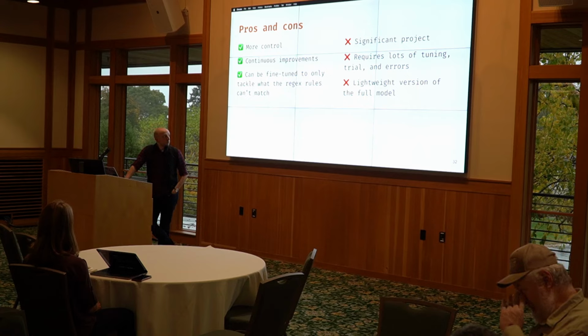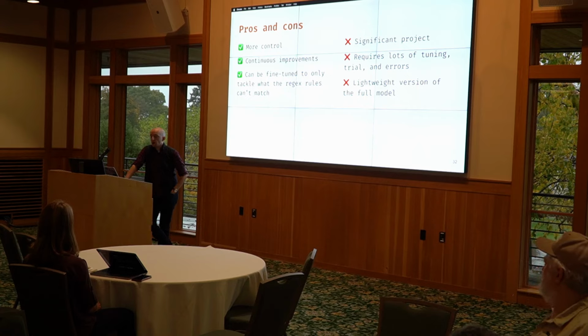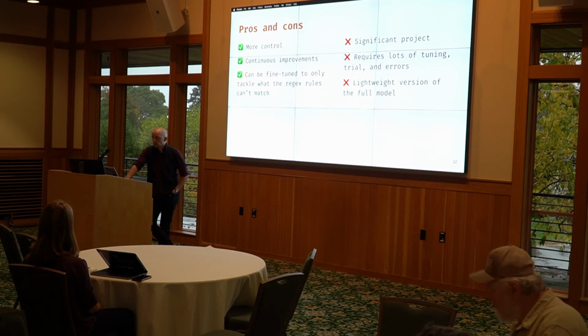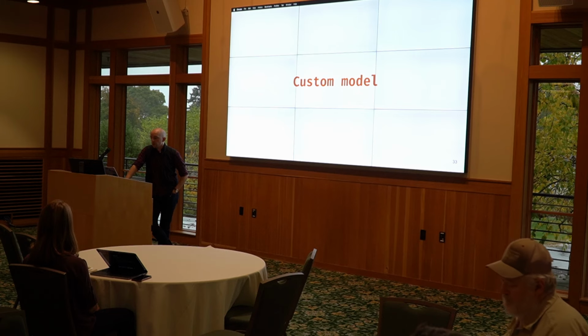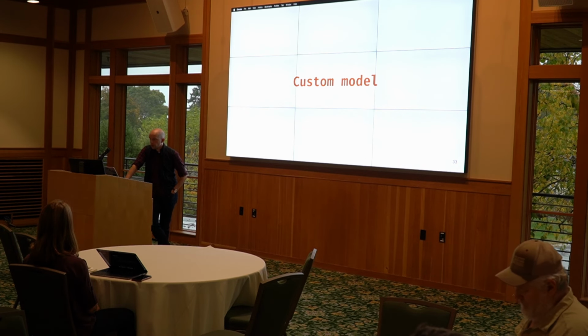In order to properly tweak a model, even though you're not crafting the architecture, it takes a lot of tuning, trial, and error because you're in charge of the training data, the loss function, and the many parameters that go into the training setup. And because it's a much more lightweight version of the out-of-box model, we are compromising a bit on the match rate. So going from there, there is one step left, that is building everything from scratch.